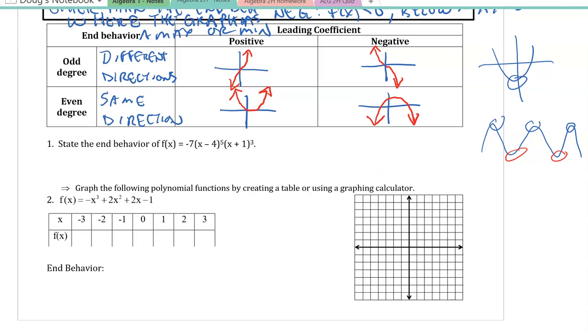When we take a look at number 1, we have a negative leading coefficient. Our highest power of x in the first factor will be x to the 5th. In the second factor, it'll be x to the 3rd. That means our highest power will end up being, well, we'll add those two powers together and we'll get x to the 8th. So it would be an even degree with a negative leading coefficient.